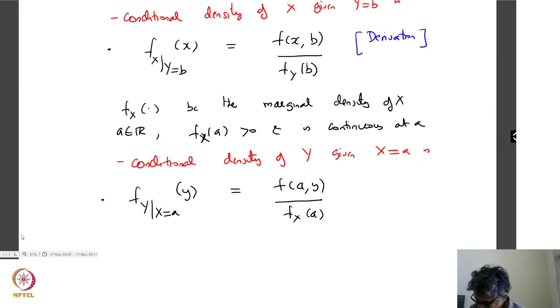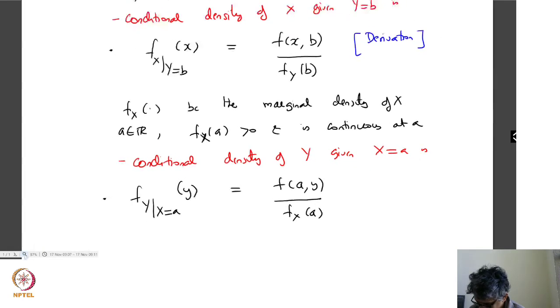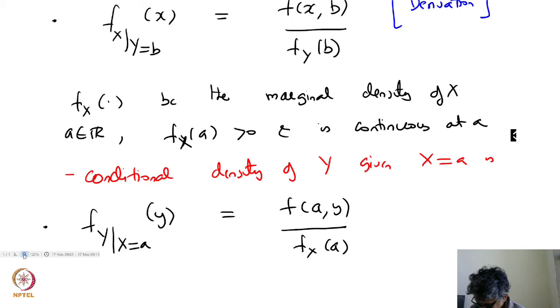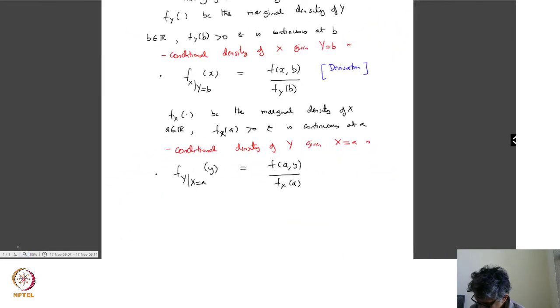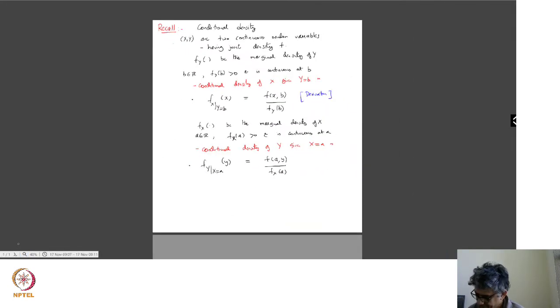We make it a bit smaller so you can see the whole thing on one page. This is what we were discussing. You have a joint density that describes the dependency of the two random variables, and then you have a marginal density of y given as f sub y and a marginal density of x given as f sub x.